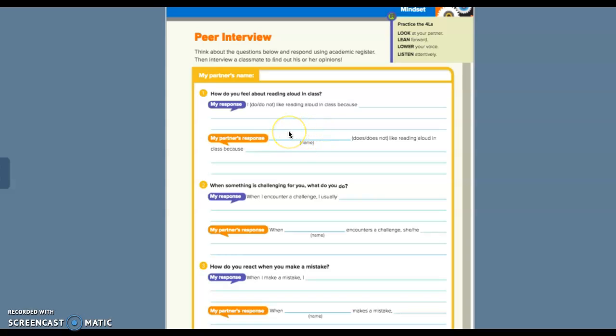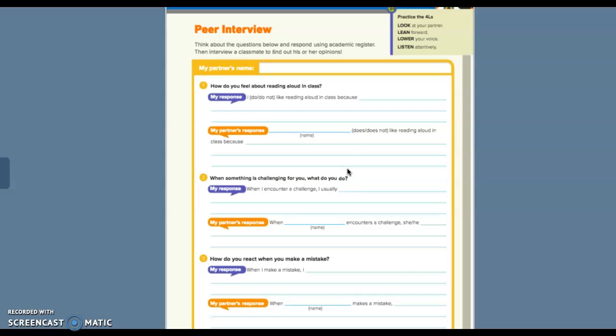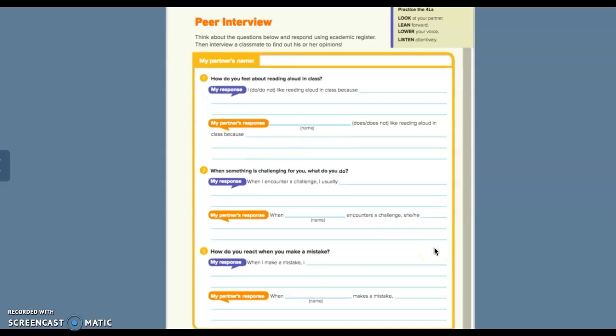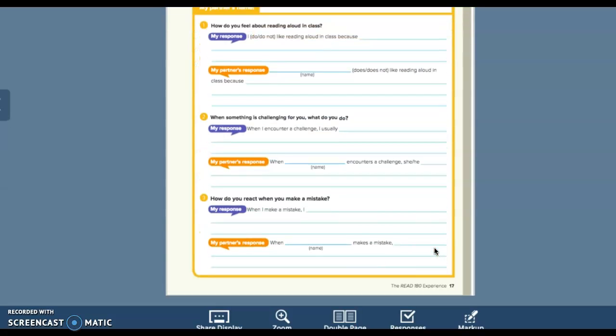So if I were interviewing Coach Lundgren, "He does or does not like reading aloud in class because blank." You're going to fill that in. When something is challenging for you, what do you do? "When I encounter a challenge, I usually blank." Then "When Coach Lundgren encounters a challenge, he blank." So we're going to interview a little bit today.